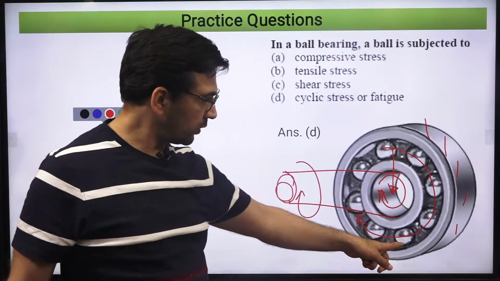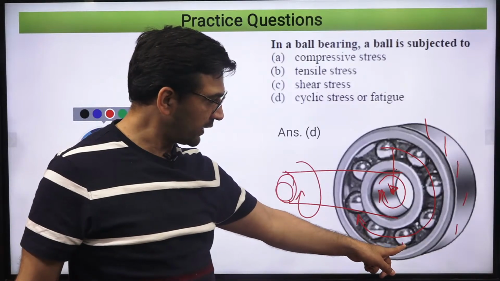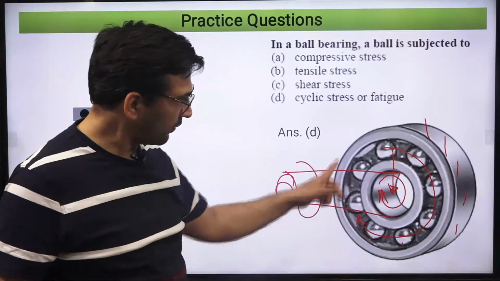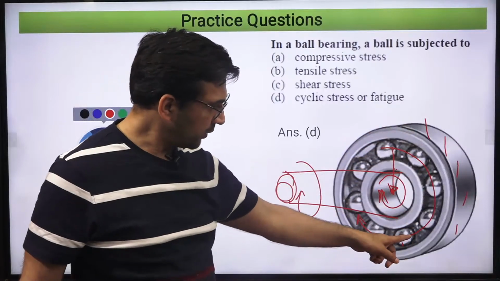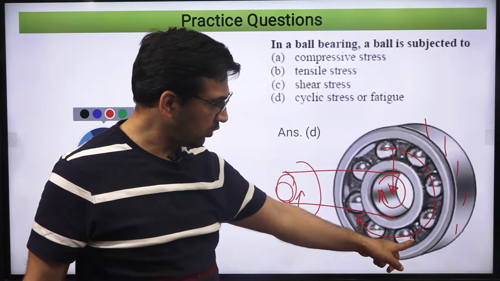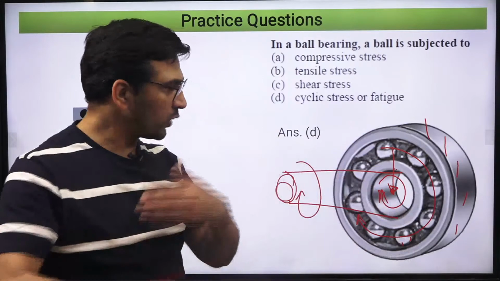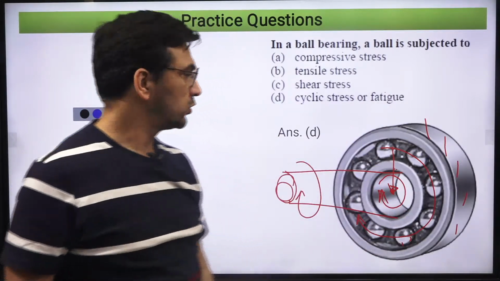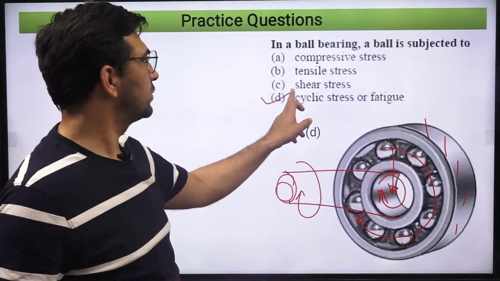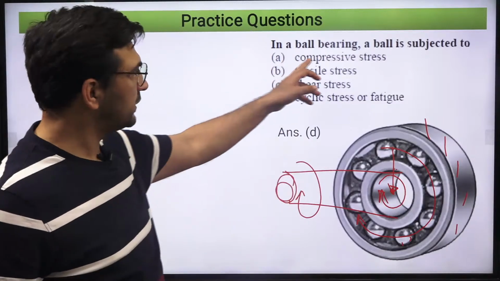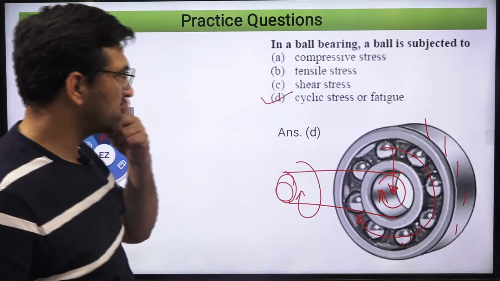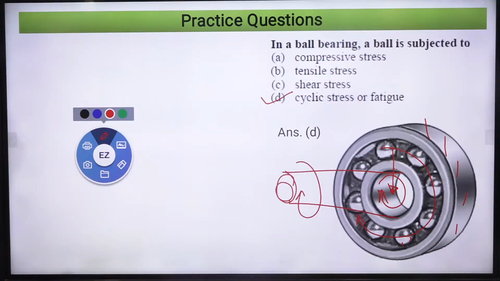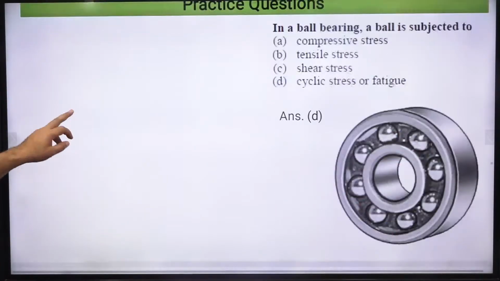So in one cycle, this point came into contact, and after rotating, another point comes into contact over here. So this is the rotational motion, and it is subjected to fatigue loading, cyclic loading, right? So obviously compressive stress is also correct, but the most appropriate answer is going to be cyclic stress.